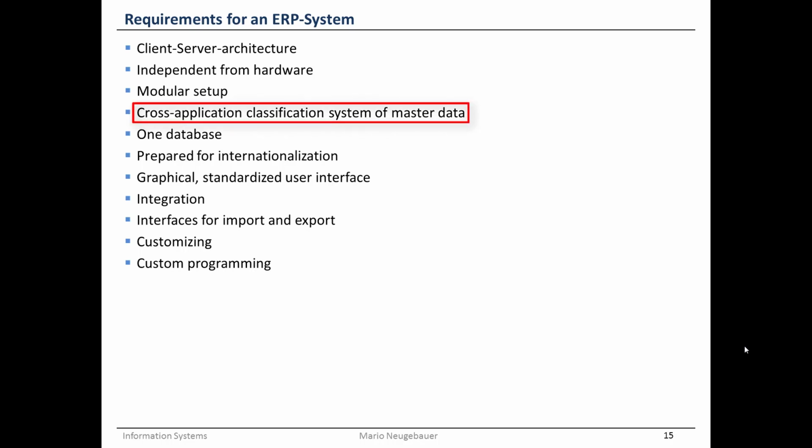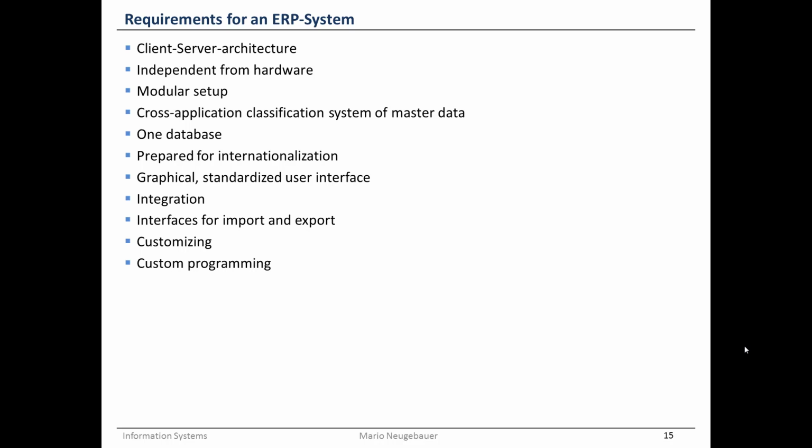You might have different applications working with this ERP system, or working within this ERP system if you talk about modules. And then you should have one classification system which is valid across different applications.